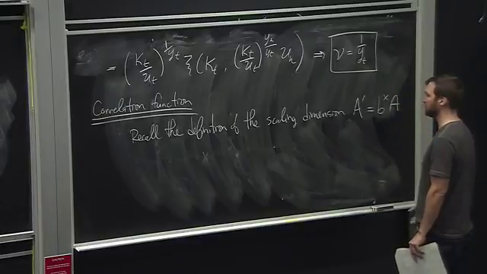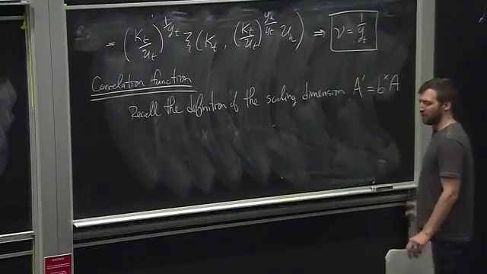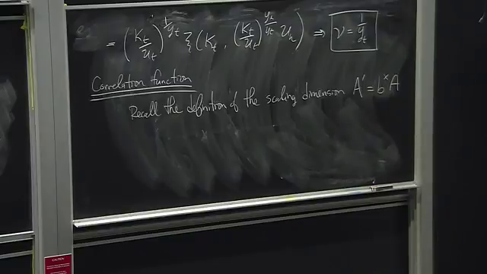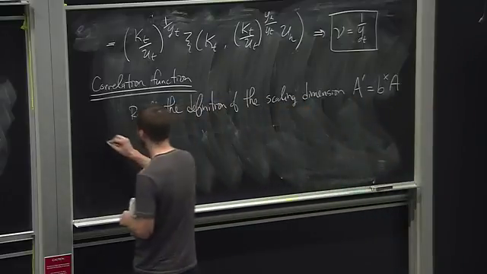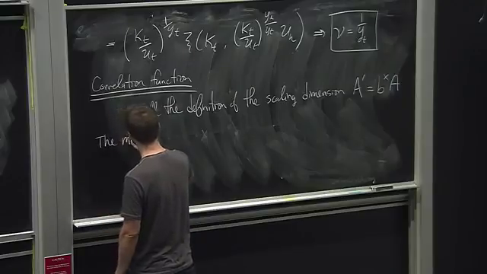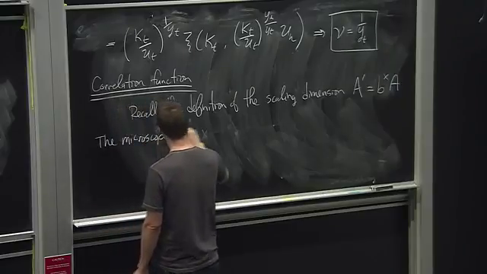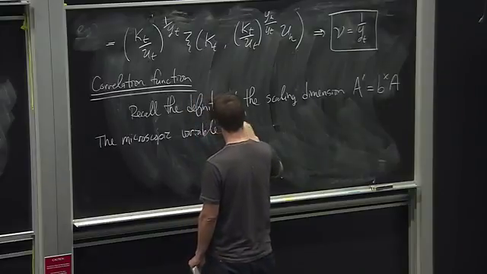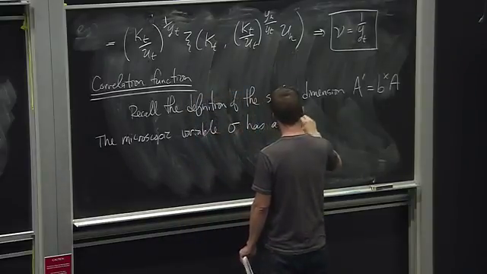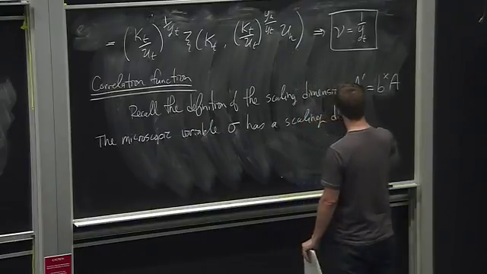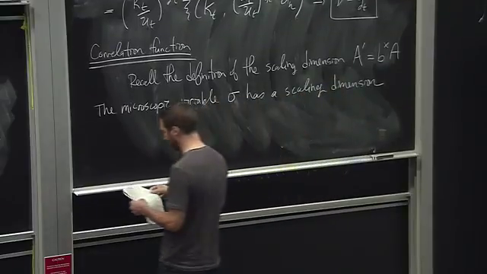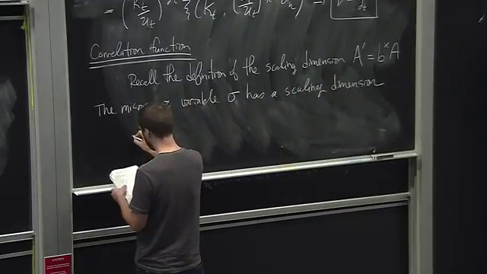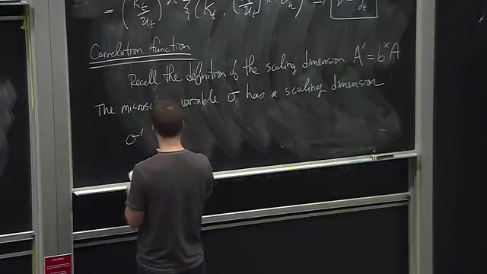That's a scaling dimension x. I want to know the scaling dimension of the two-point correlation function, but I need to know the scaling dimension of sigma, the microscopic variable. So let me just call it x for now.